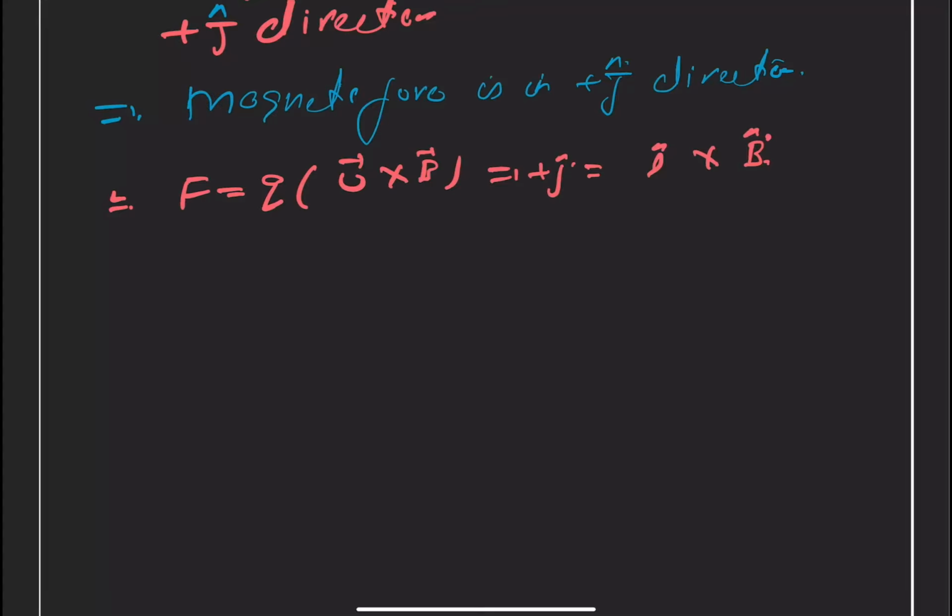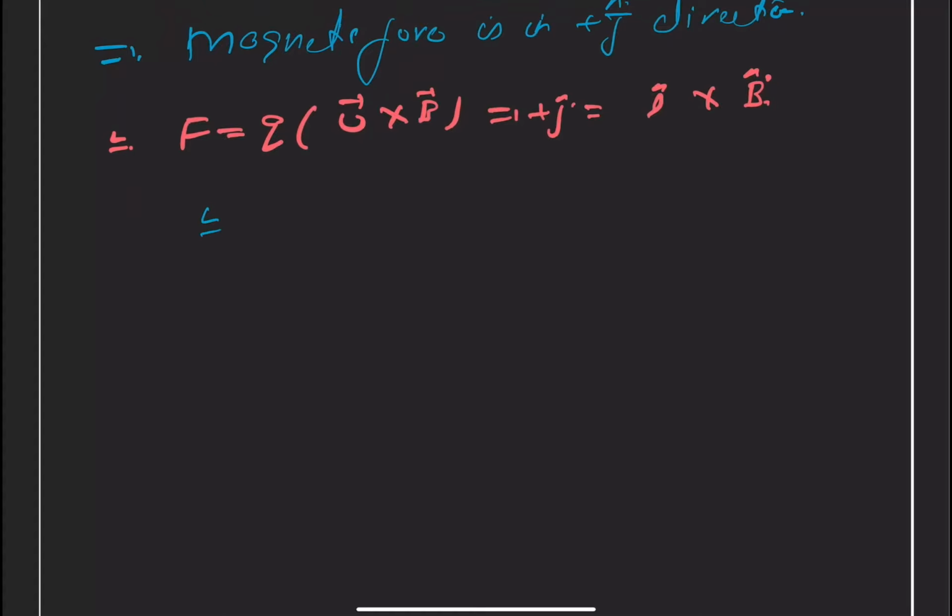So from here we can draw a conclusion: we want the unit vector associated with the magnetic field such that when i makes a cross product with the unit vector of the magnetic field, the final answer should be equal to j. So based on this we can say that our magnetic field will be in the minus k direction.